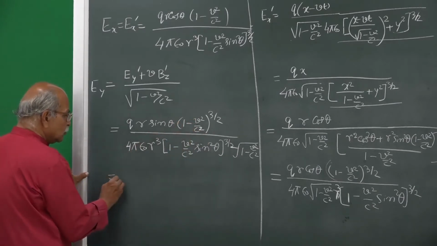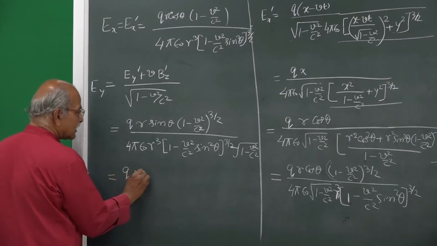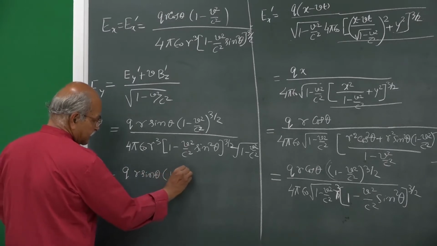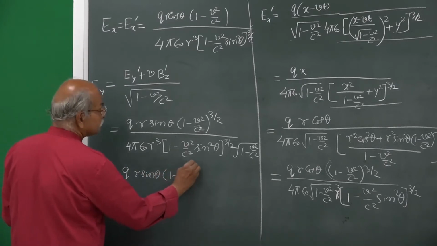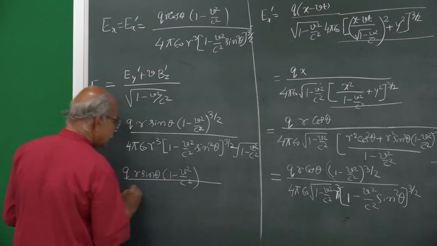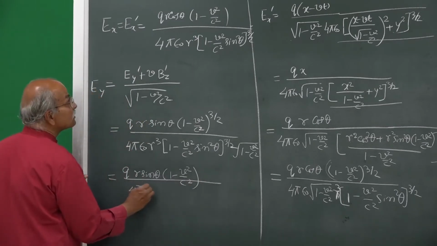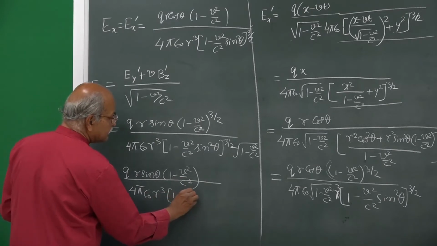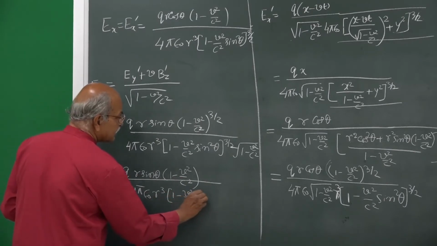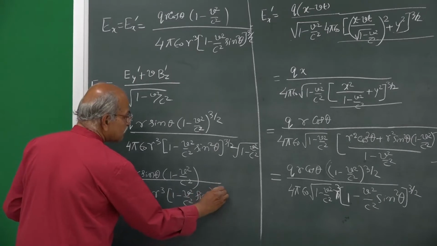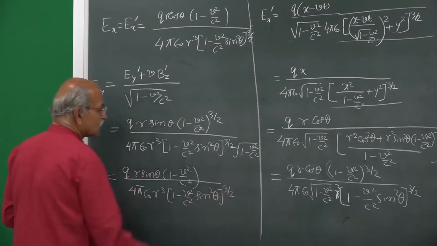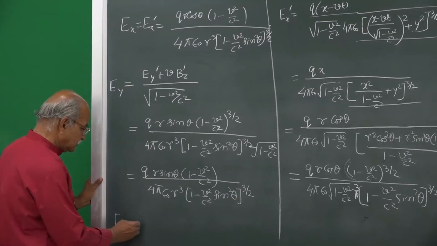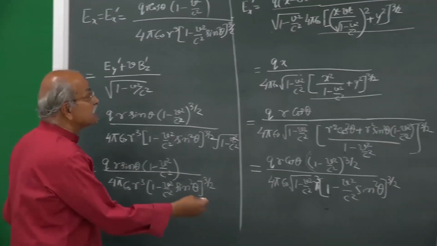So, this is q r sin theta and 1 minus V square by C square divided by 4 pi epsilon naught r cube and (1 minus V square by C square sin square theta) to the power 3 by 2. And of course, Ez is 0, because here also Ez prime was 0.